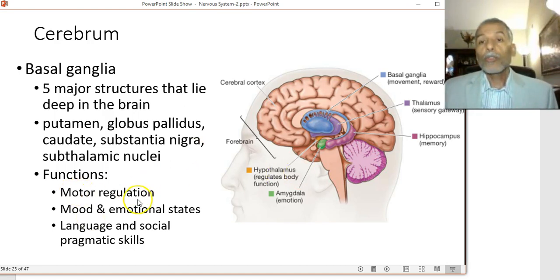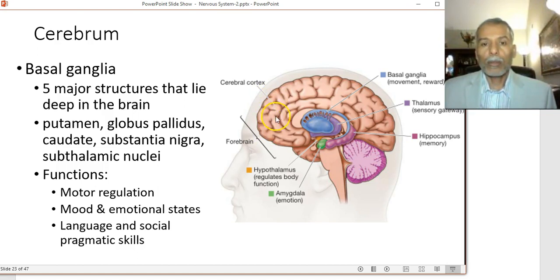So they contribute to motor regulation, to mood and emotional states, to language and social pragmatic skills, social communication. They have three major connections with the frontal part of the brain, the prefrontal cortex, your control system basically, your judgment, your voluntary control system, self-regulation, executive functions.